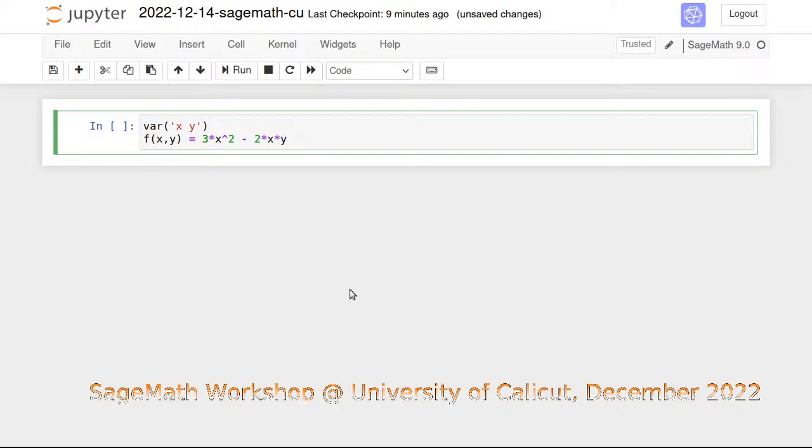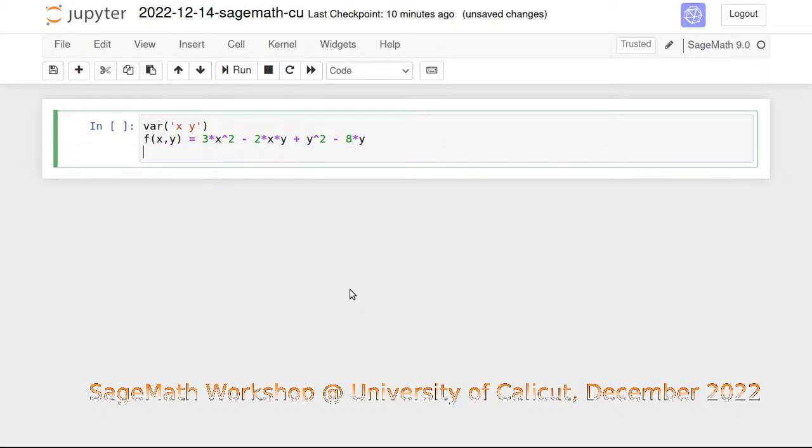But defining x as a variable is usually not necessary unless you have already assigned some other purpose for x, like suppose you have given a value x is equal to 5 in one of the previous cells. Then it is really necessary to include the var x definition here. Otherwise, if we have not assigned any particular value to x, it will always be treated as a symbolic variable by SageMath. That's a convention. Then plus 2xy plus y square, and I'm just taking one function, y square minus 8y.